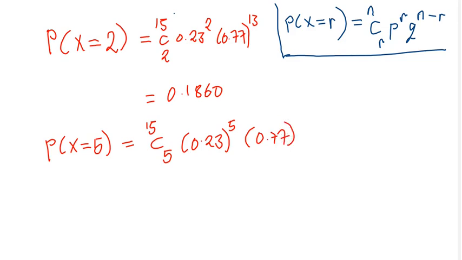If we have 5 successes out of 15, then that means 10 failures. So we'll just say 15 minus 5, and we know that gives us 10. So that is a 10, and then this gives us 0.1416. You can just punch this in the calculator.